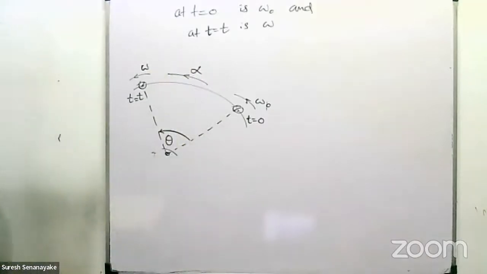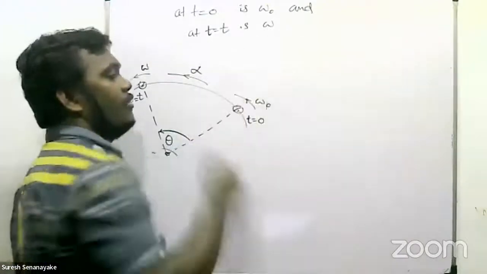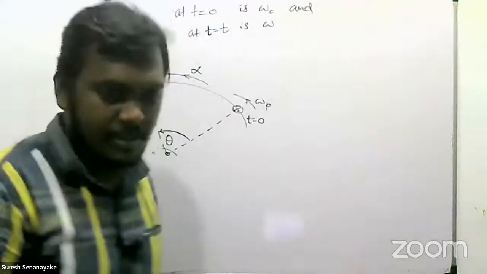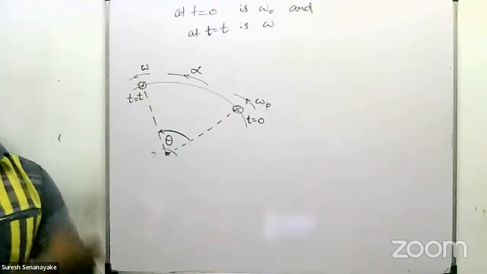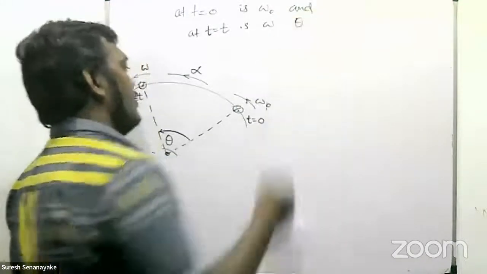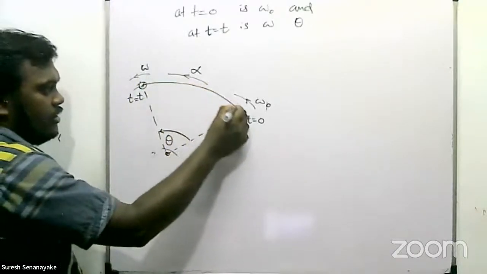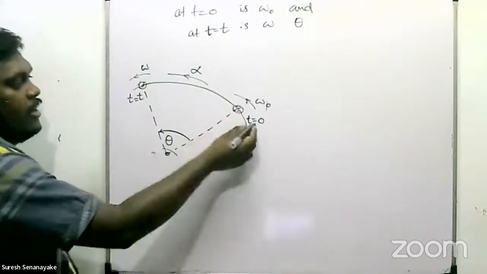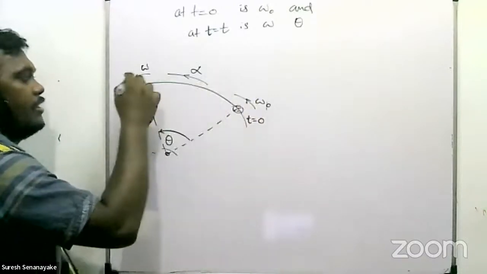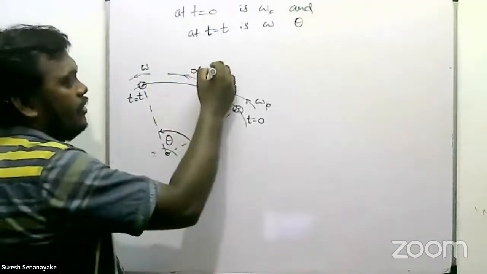It is this kind of motion, right? And it has covered the angular displacement theta during this time. This diagram shows all this data: theta from t equals 0 to t, omega naught initial and this omega, and the angular acceleration is constant.